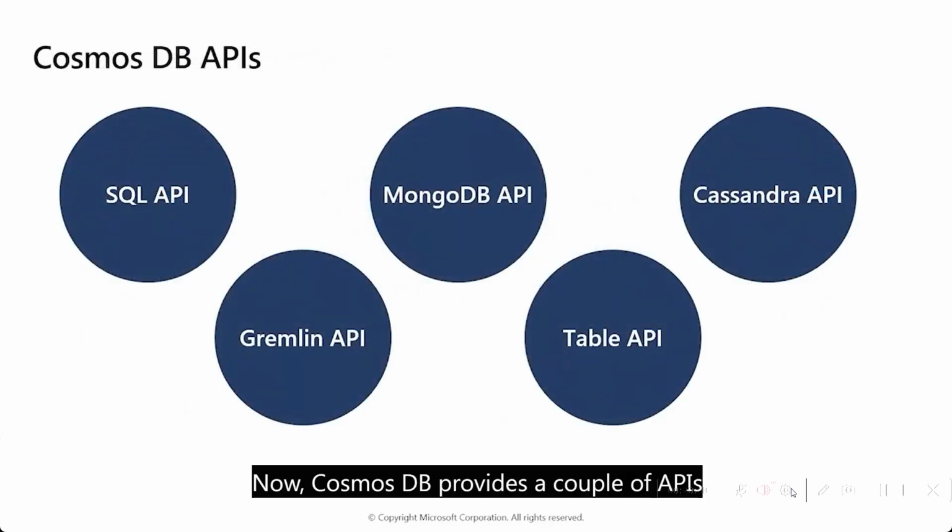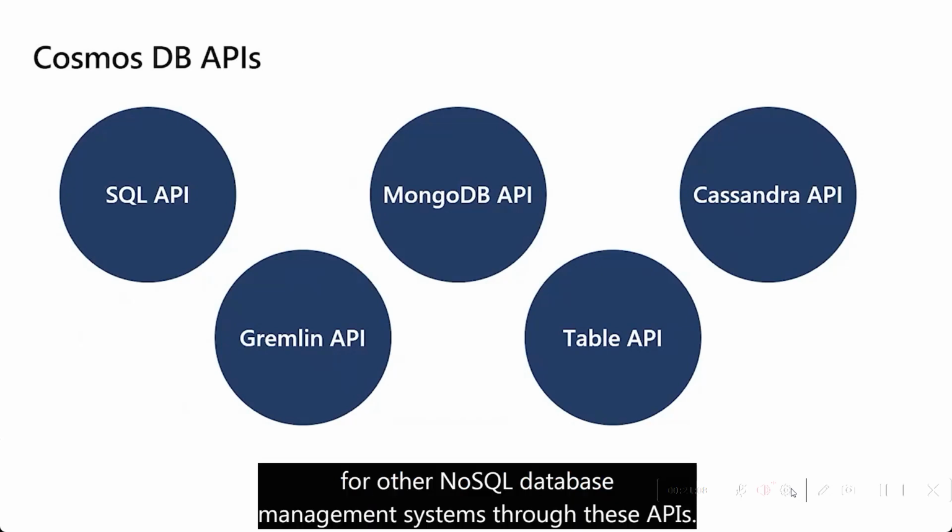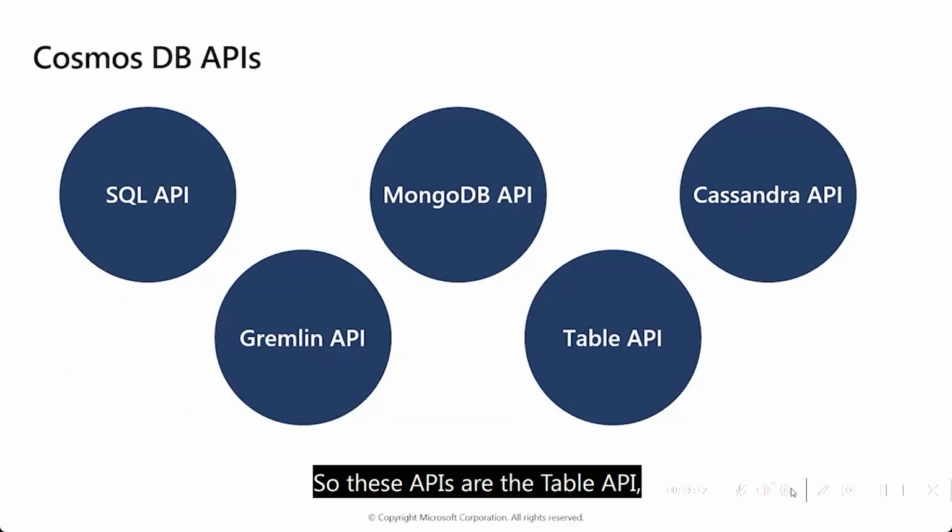Now, Cosmos DB provides a couple of APIs to allow you to access the documents, and it also provides support for other NoSQL database management systems through these APIs. These APIs are the SQL API, the Table API, the MongoDB API, the Cassandra API, and the Gremlin API.